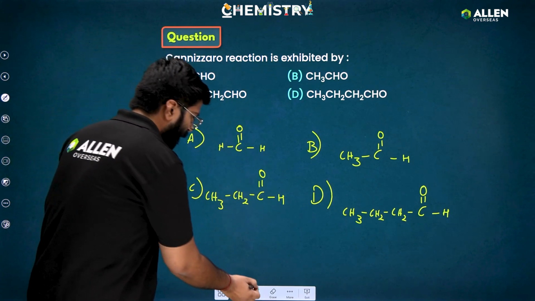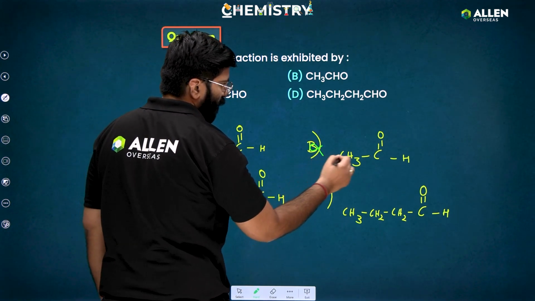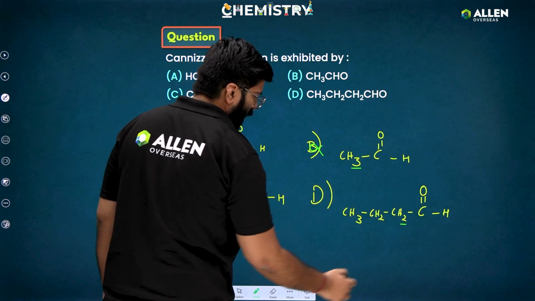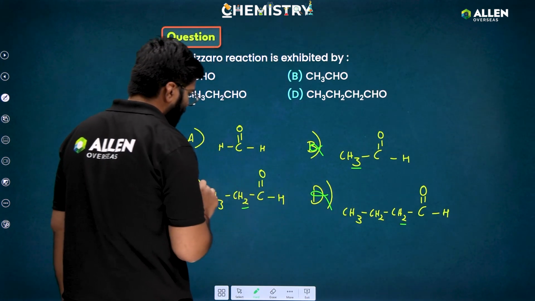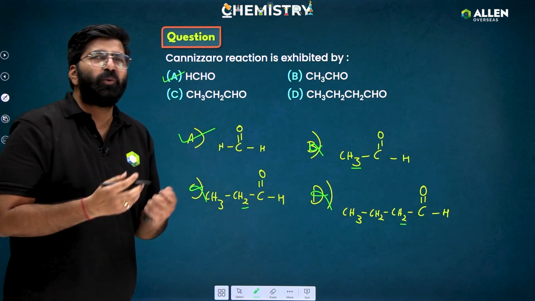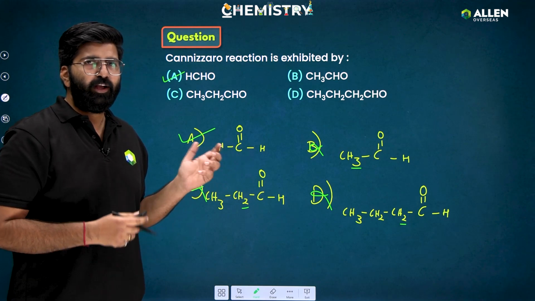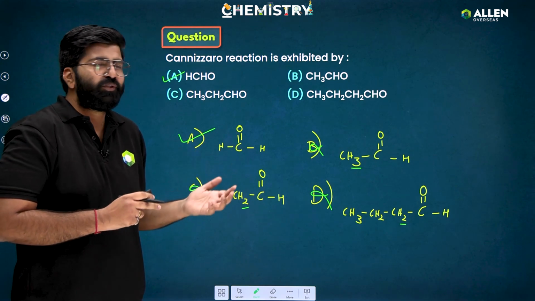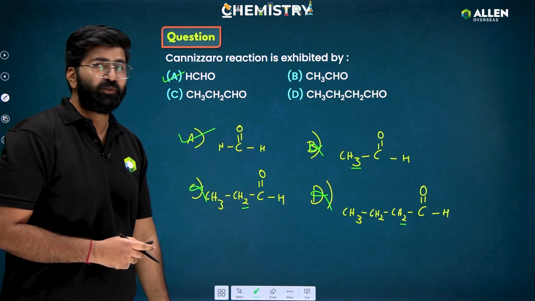So obviously this one cannot give because there's an alpha hydrogen. This also has alpha hydrogen, this also has alpha hydrogen. So these 3 cannot give. Obviously this one can give, and we have been doing examples based on this only. So once we know this, we can easily do the questions if they are asked based on Cannizzaro's reaction.